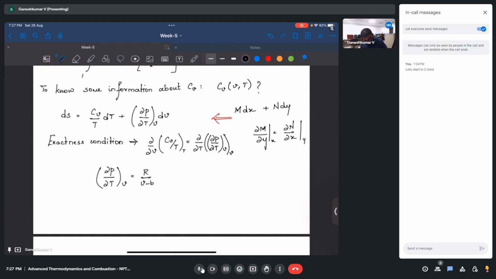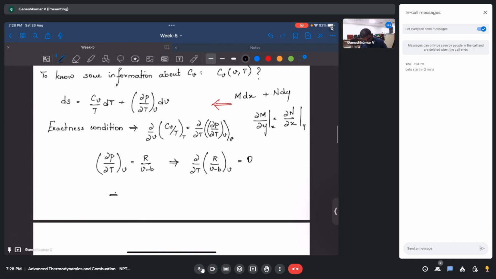Now what we are trying to do is differentiate this with respect to T. Here everything is a constant. Again we are differentiating with respect to T at constant volume, so this whole term is going to become 0. Since it's at constant volume, this term is simply going to become 0.